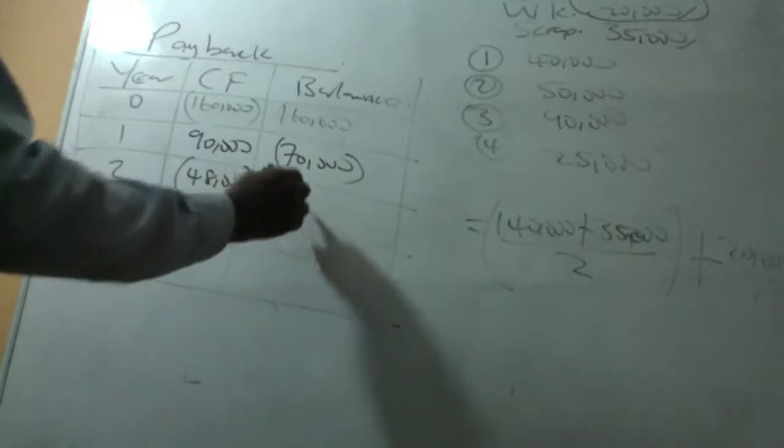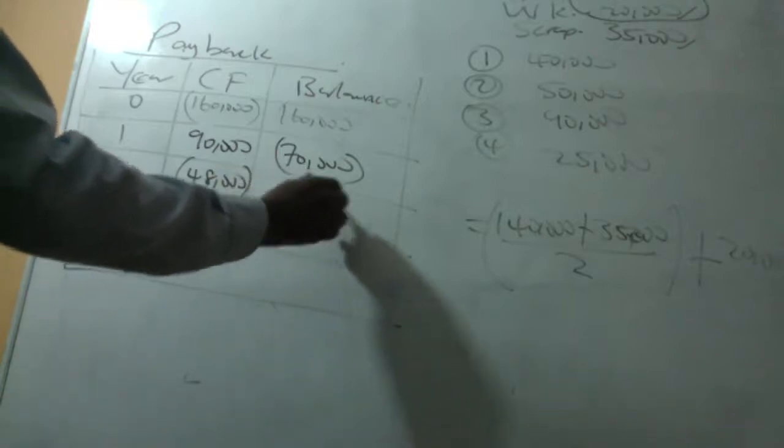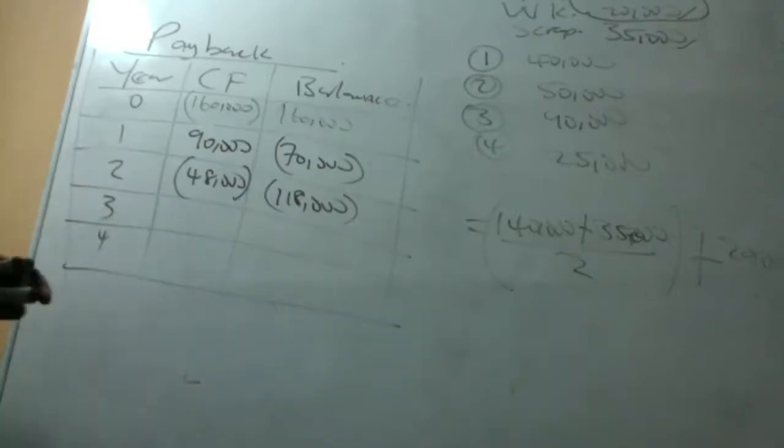Negative means you have to top it up. So add it to this to be 118,000 negative. When you add 48 plus 70, good. And then the cash flow for the third year is what? 90,000.